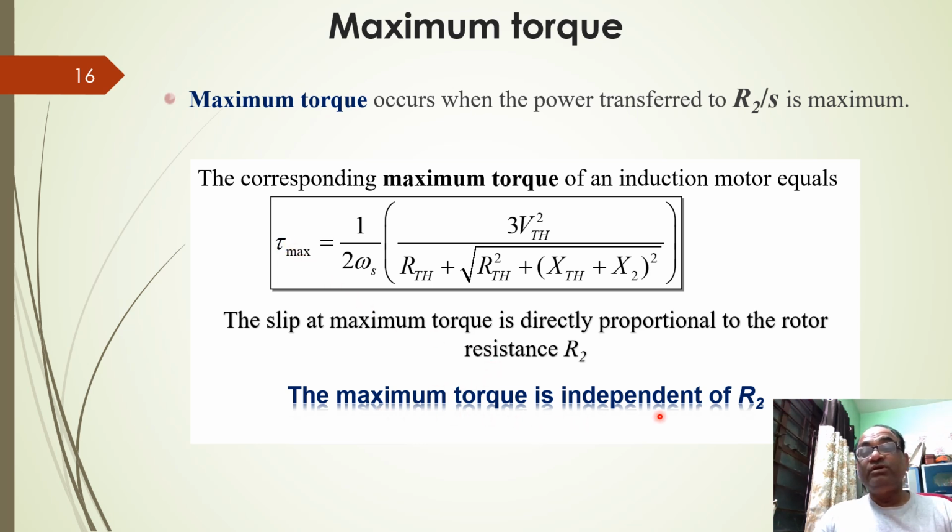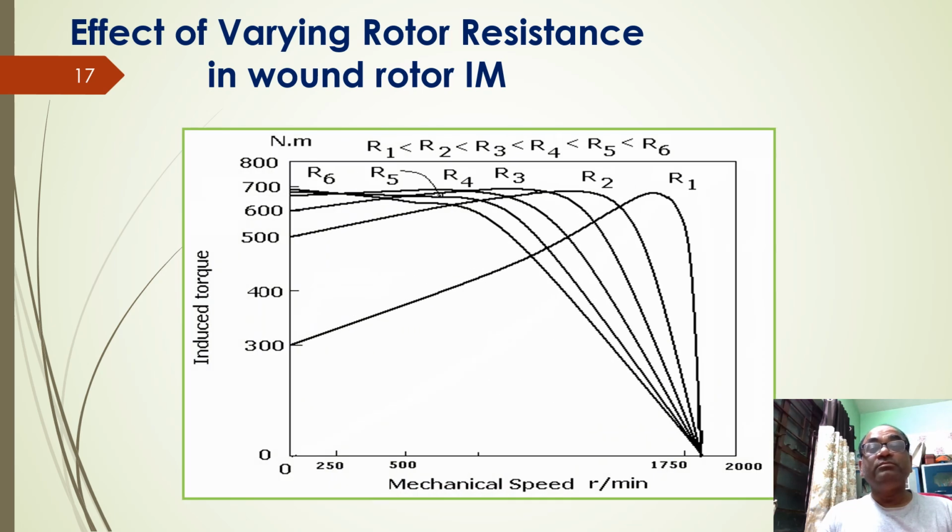The maximum torque is independent of R2. So you keep on increasing R2, but it is not going to affect the maximum torque, or the pull out torque, or the breakdown torque. Breakdown torque or pull out torque will remain the same.